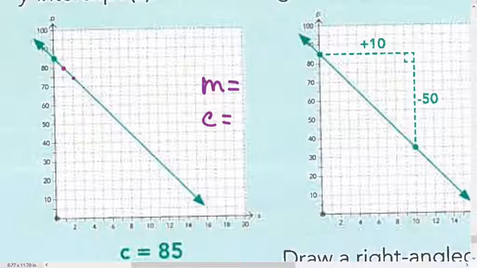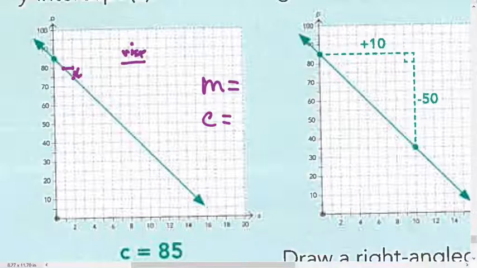Now they went way out. Do you have to? No. Don't go crazy, right? Just go from one point that you can count from to the next. So that means you're going to go to the right, what? 1, and down, what? 1. Okay? So, remember it's rise over run. So get them in the right order.